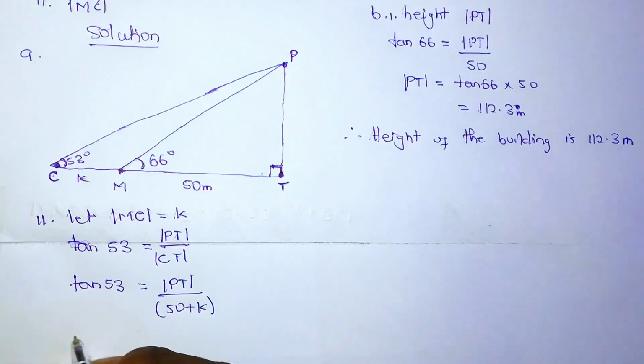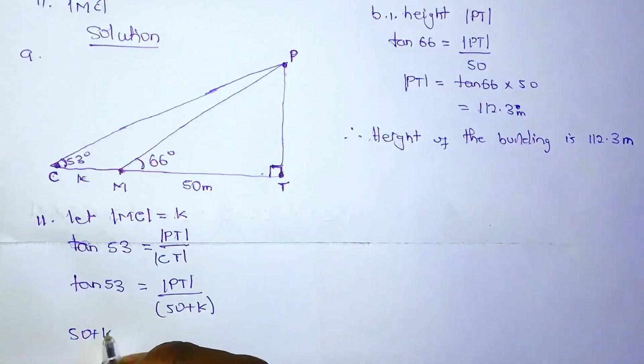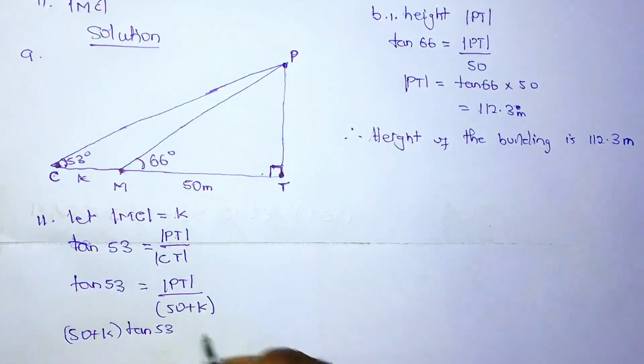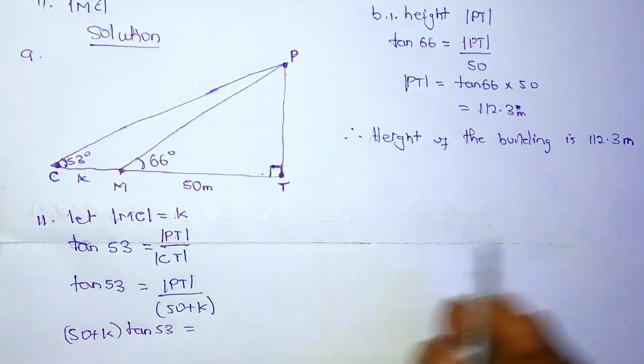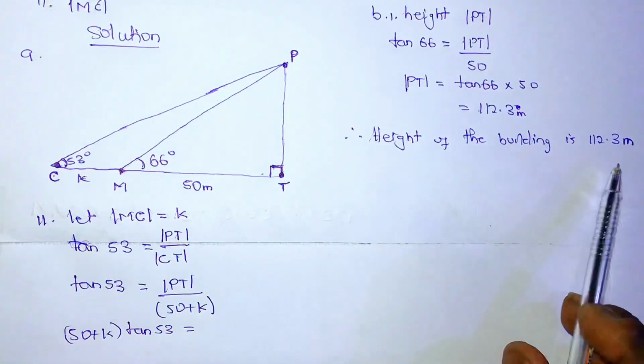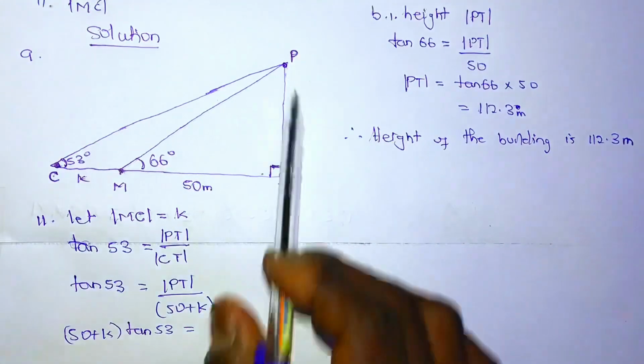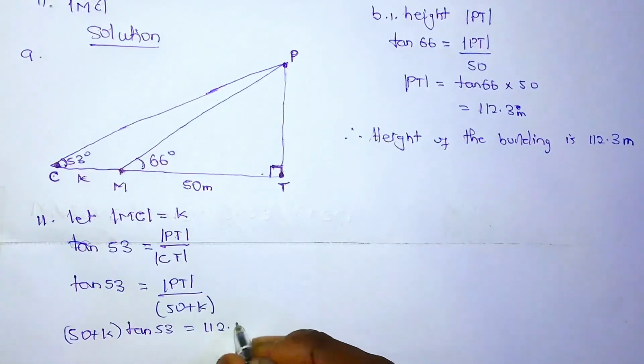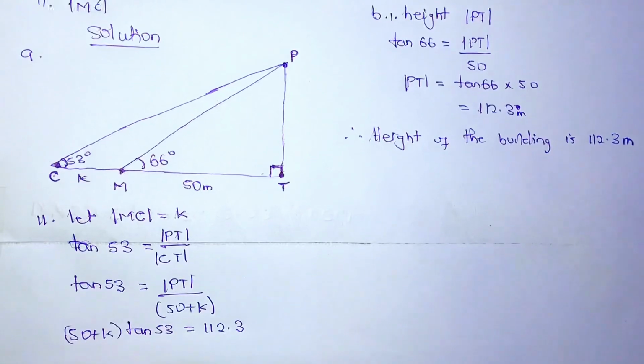So we say that (50 plus K) tan 53 is equal to, now we know PT. We've already found PT, the height of the building, to be 112.3.